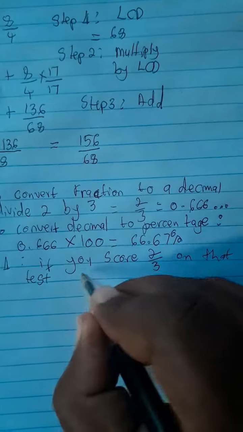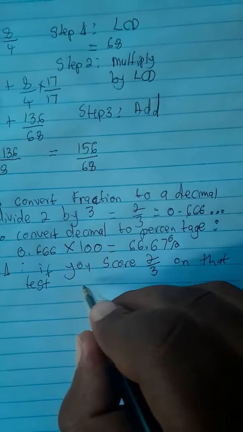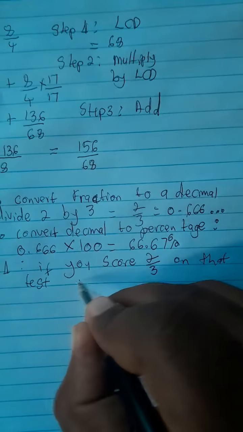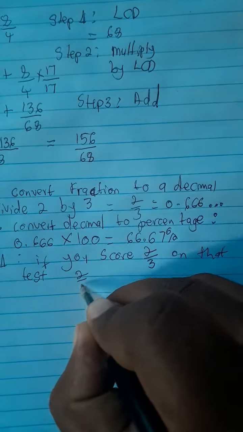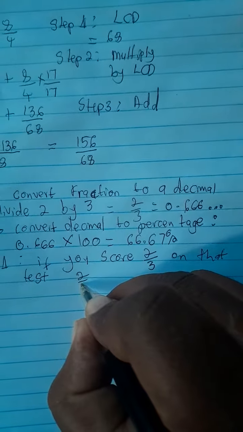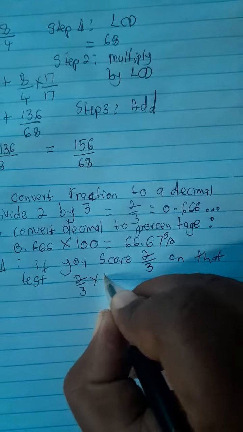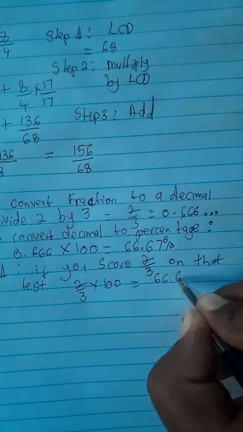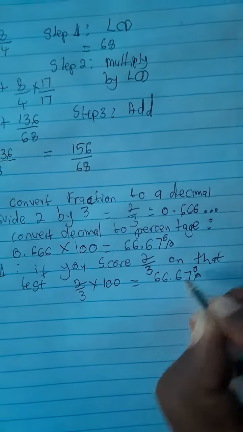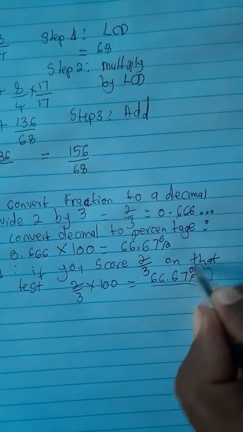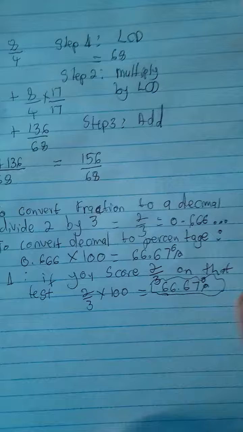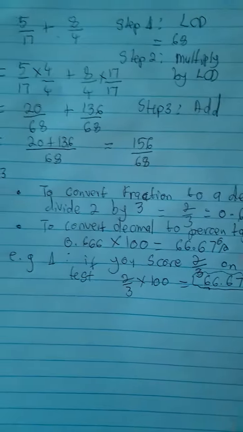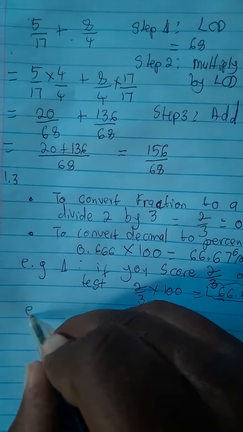What does that mean? In terms of percentage, we'll say 2 over 3 times 100, which will give you 66.67%. This will be your percentage, right? Okay, that's how it should be.